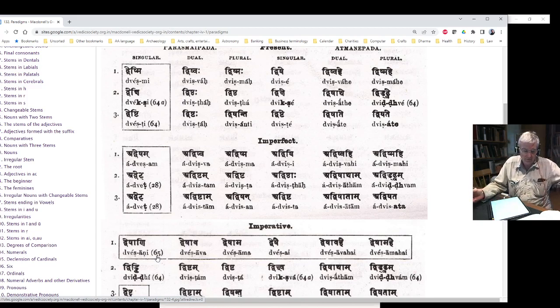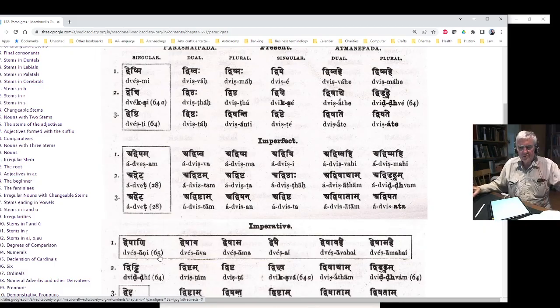Exactly the same as in Pali. That's why we have this jñāna, Sanskrit jñāna, Pali ñāṇa, because the j and the ña are still in place, but the present stem follows the Sanskrit, not jñānāti, but jānāti.